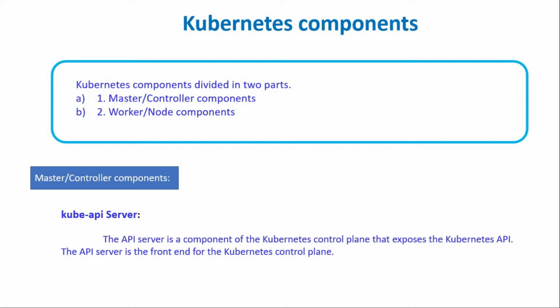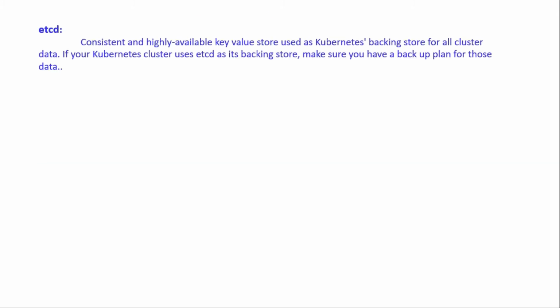So the API is a front end where you connect our worker node and you can connect with your controller. The API is a main part of these Kubernetes components, a front end through which your components and controller all connect, and they can get the resources as per the kube-apiserver.